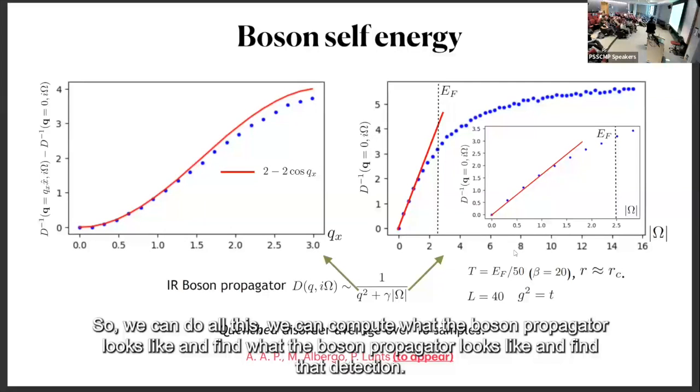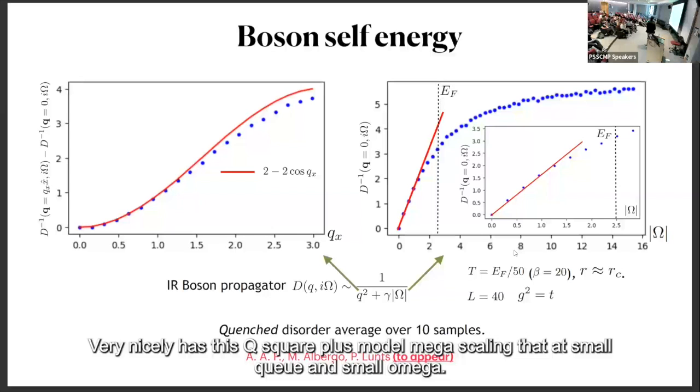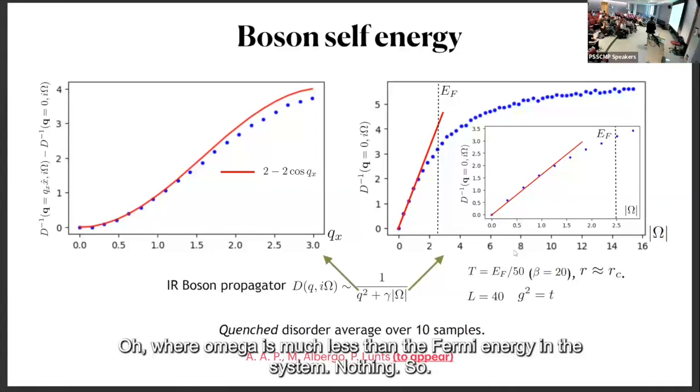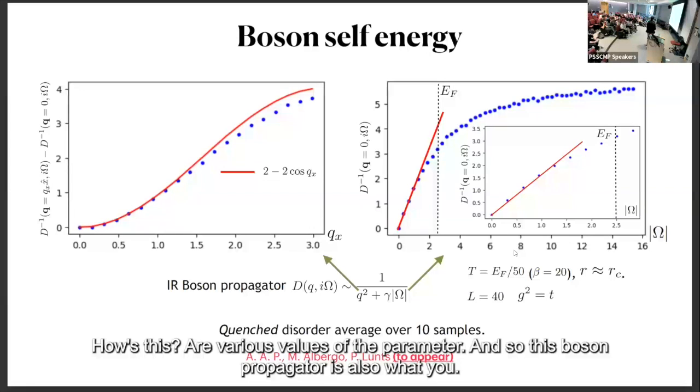We can compute what the boson propagator looks like, and we find that it very nicely has this q squared plus mod omega scaling at small q and small omega, where omega is much less than the Fermi energy in the system. These are various values of the parameter.